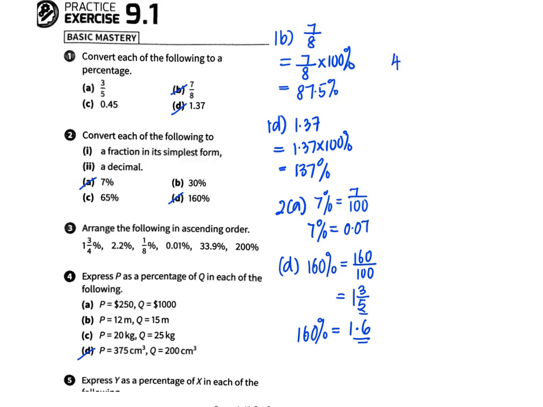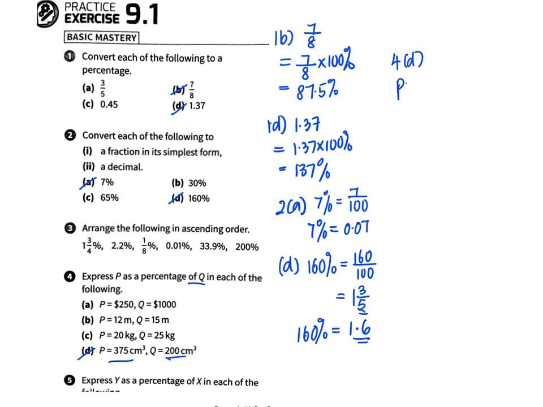Question number 4, part D, express P as a percentage of Q. That means I'm going to take P out of Q. P is 375 out of 200 times 100%.